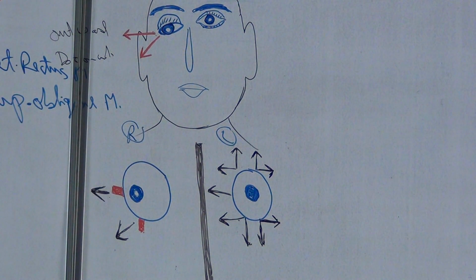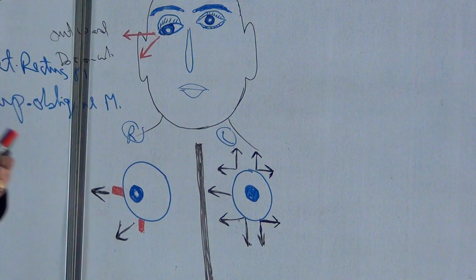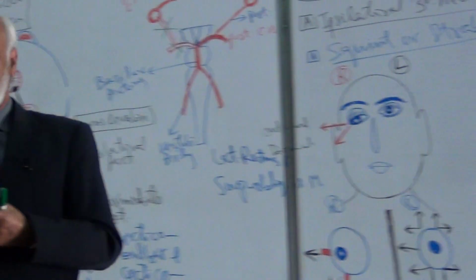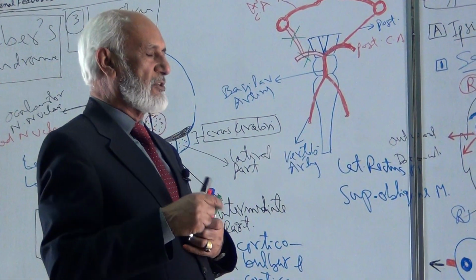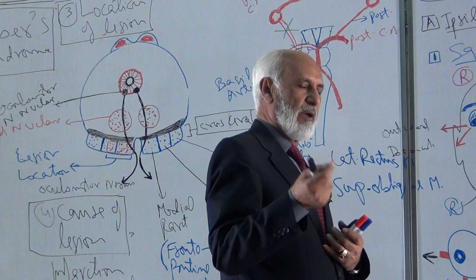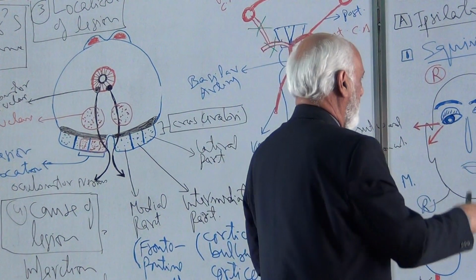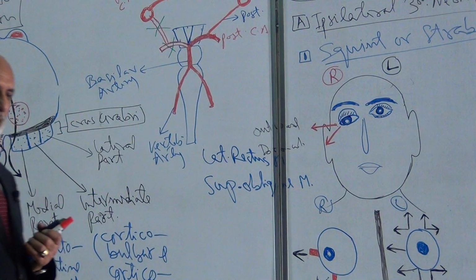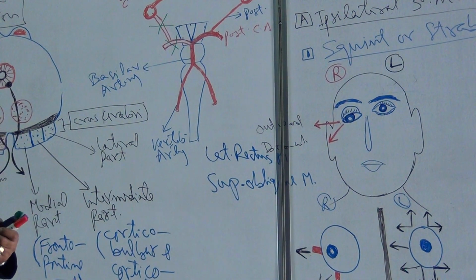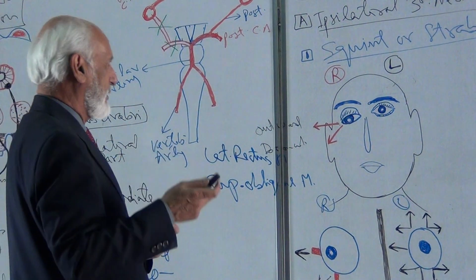So this was about the paralysis of all the extraocular muscles except the lateral rectus muscle and the obliquus superior muscle, which are innervated by the abducens nerve and the trochlear nerve respectively. Because of this abduction and downward rotation of the affected eye, it will result in a condition known as squint or strabismus.